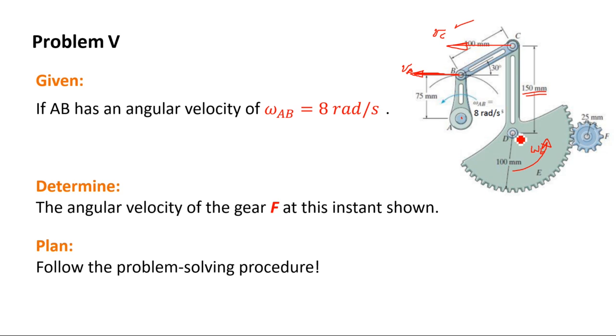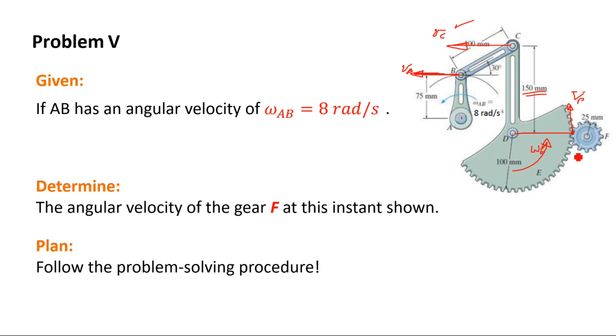So I use that omega and the distance from here to here, which is 100 millimeters, and this gives me the velocity at that point in this direction. I find VP, the contact point between the two gears. If I know VP and the radius of gear F, I can find the omega of that gear.